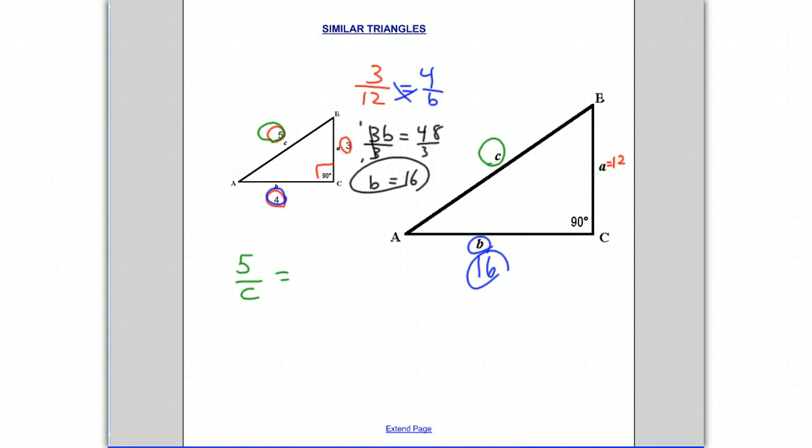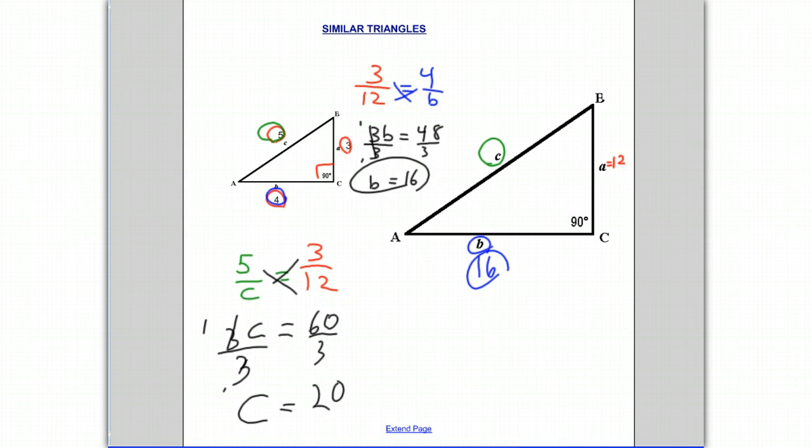Why don't we pick the 3 and the 12? So we know the 5 is to C, as 3 is to 12. And once again, you can cross multiply, and you get 3c is equal to 60. 5 times 12, divide by 3, divide by 3, and you get c is equal to 20.